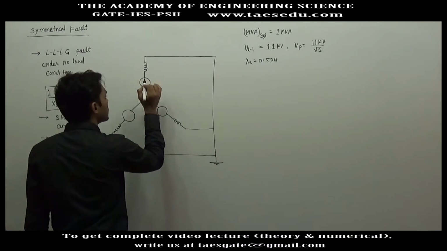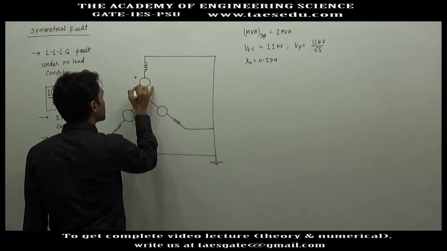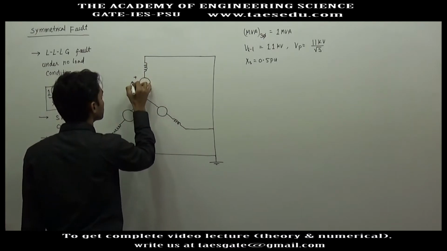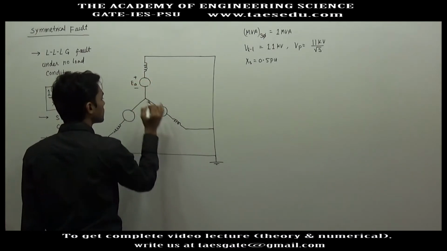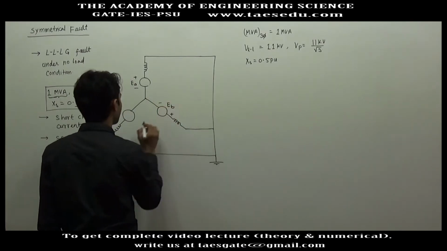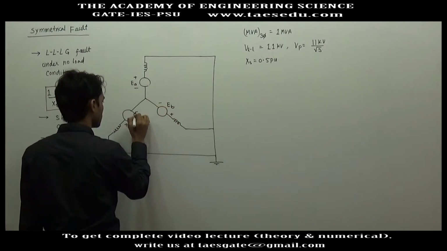Let's say this is A phase and this is the generated voltage EA. This is the reference for EB, and this is the reference of EC.